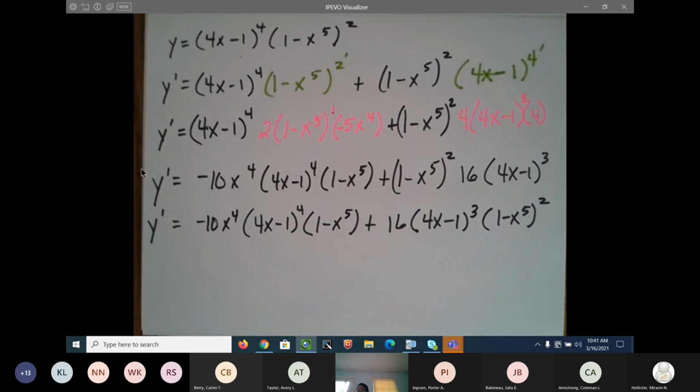Well, there's a lot of algebra there to do. And I don't really think they want you to do that much algebra. If they do, well, we'll just have to go to another page.